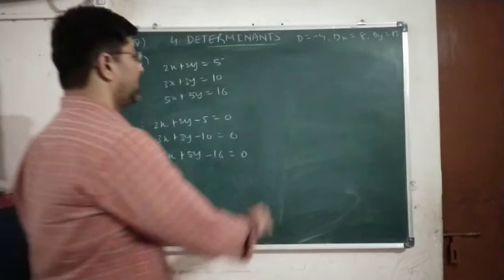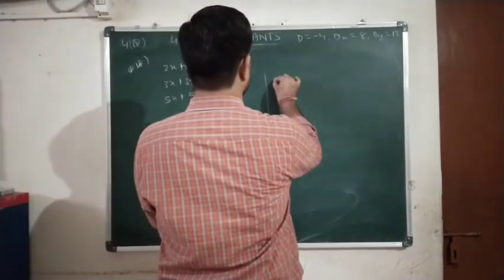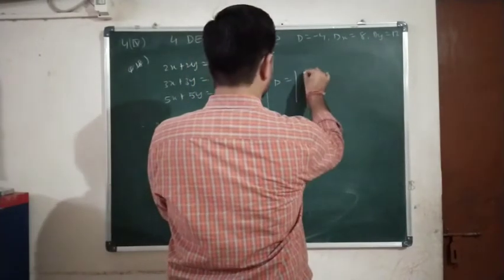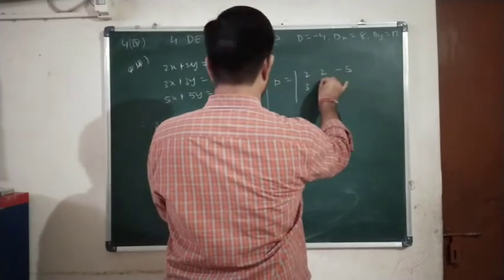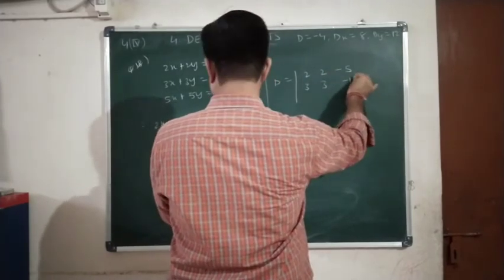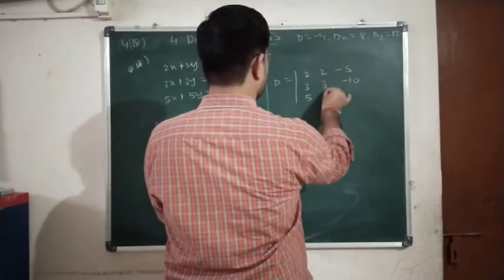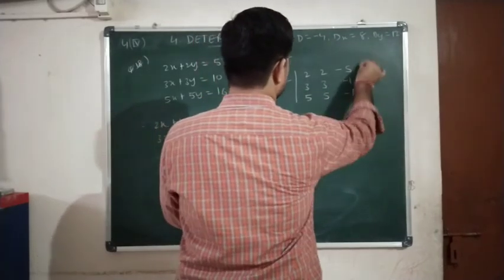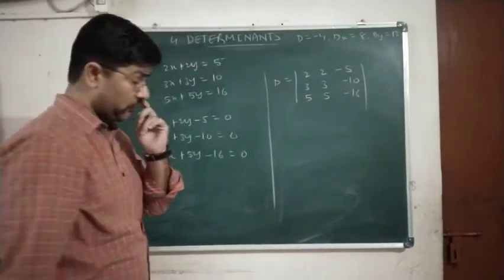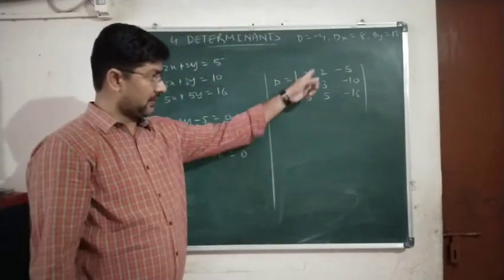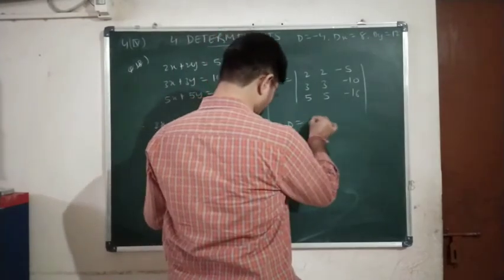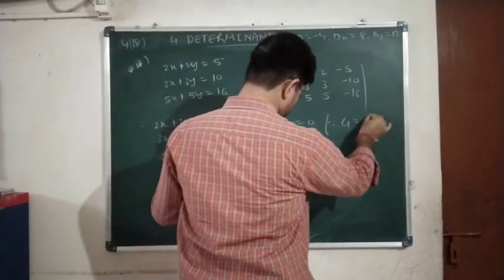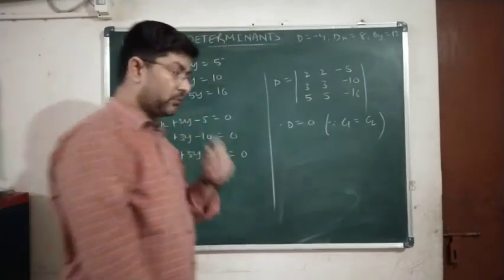Now we will calculate the value of D. The determinant is 2, 2, minus 5; 3, 3, minus 10; and 5, 5, minus 16. If you observe the determinant, you will notice that the first and second columns are identical, and therefore the value of the determinant will be 0, since C1 is equal to C2.